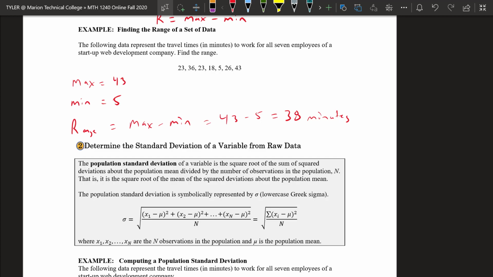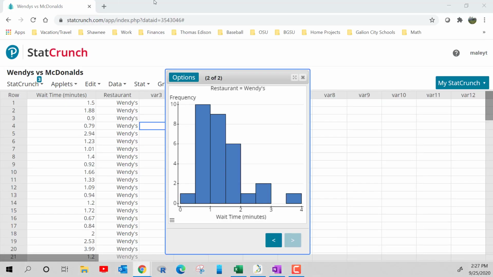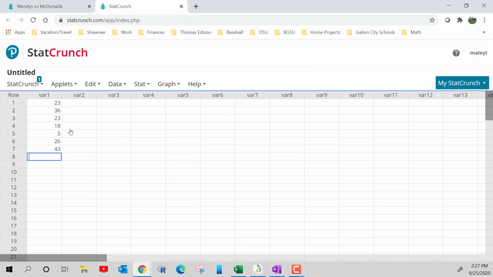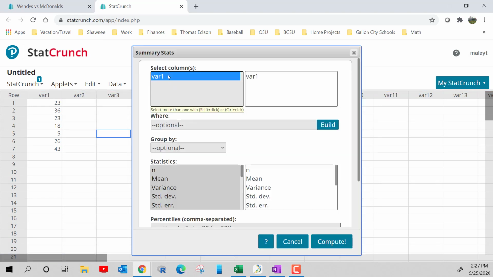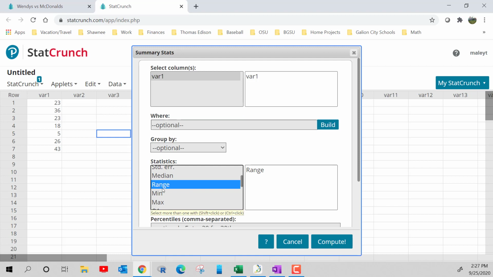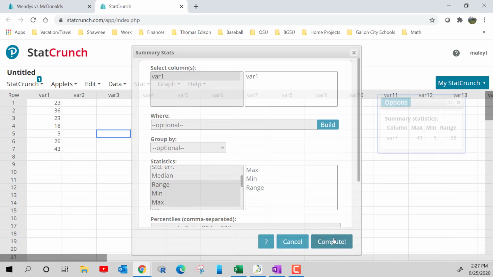So what I'd like to do now is I have this data set I already typed into StatCrunch. If I go to Stat, then Summary Stats, then Columns, we can pick the variable that we're looking for. And notice what I needed here is I wanted the max, min, and range, right? I'll hit compute.